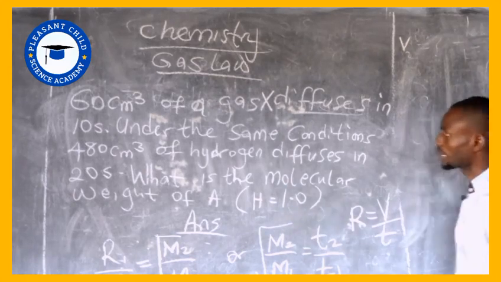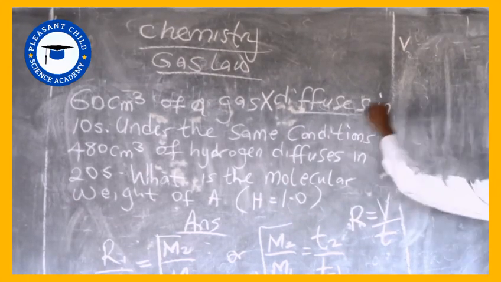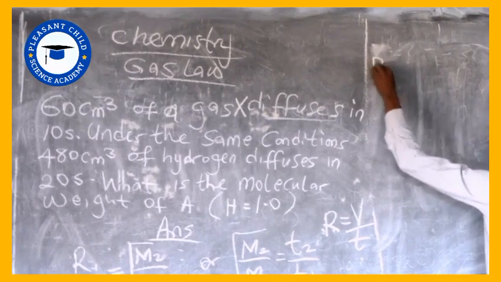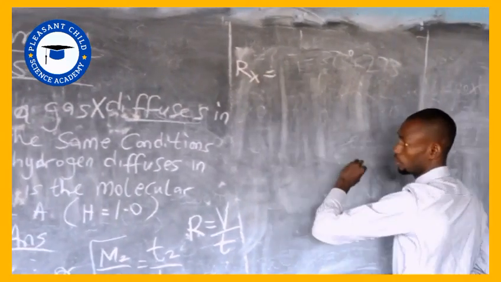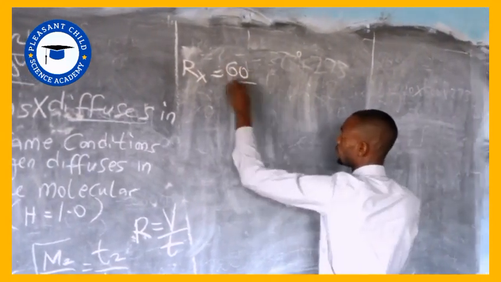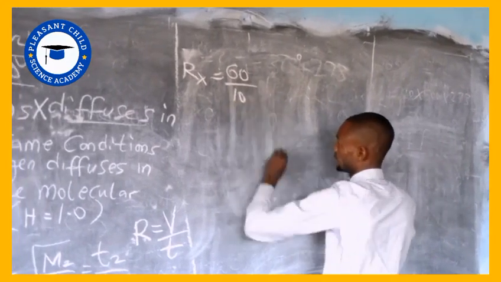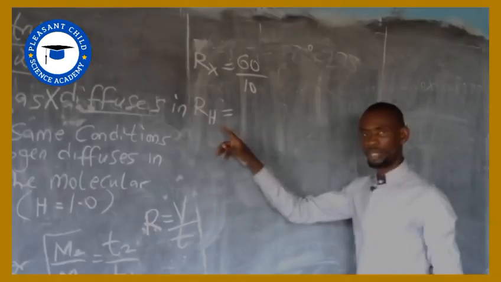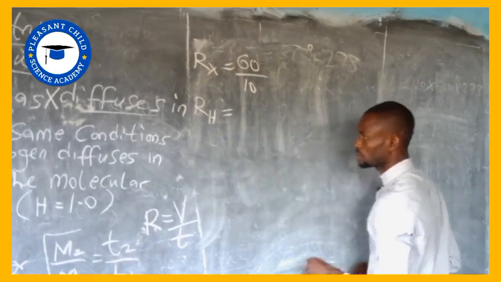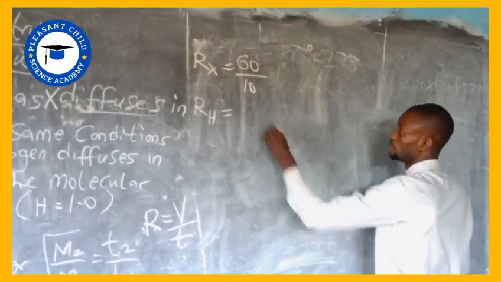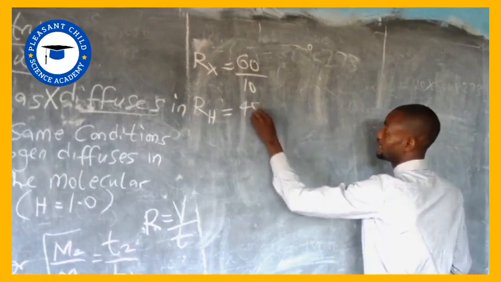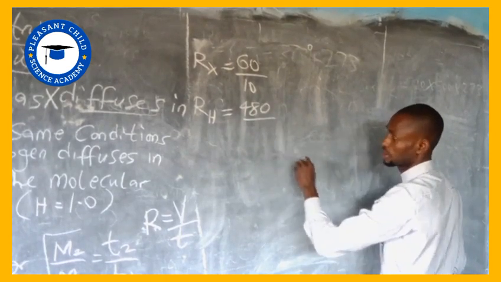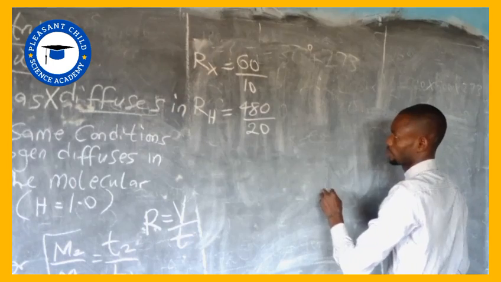So now let's quickly look at that question. We were given rate of X is equal to what? 60 over the time, 10. And then rate of hydrogen gas is also equal to volume, which is 480 over what? Over time, 20 seconds.